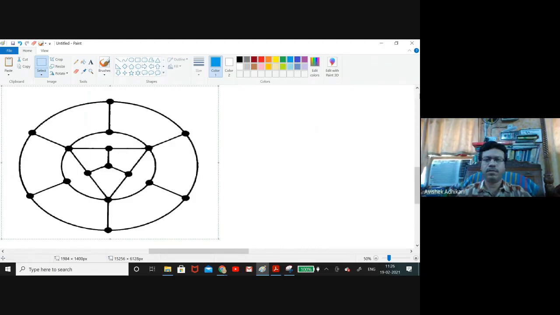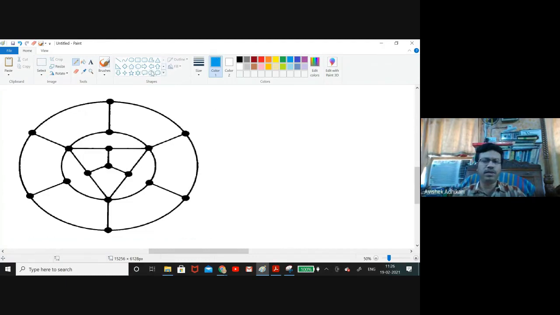Let us try to find a Hamiltonian path or circuit here.